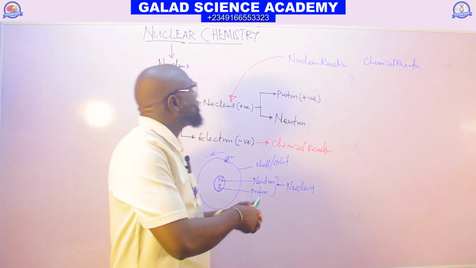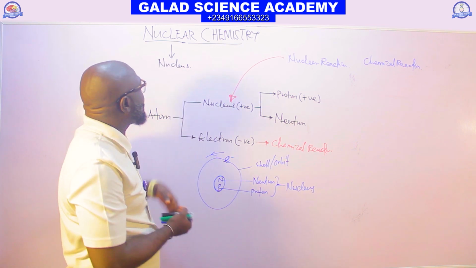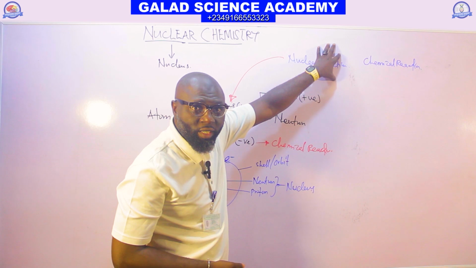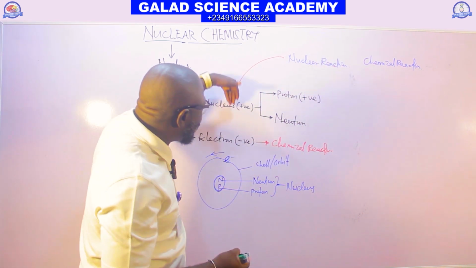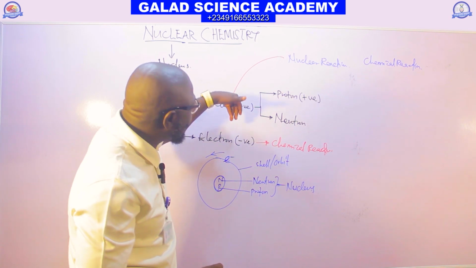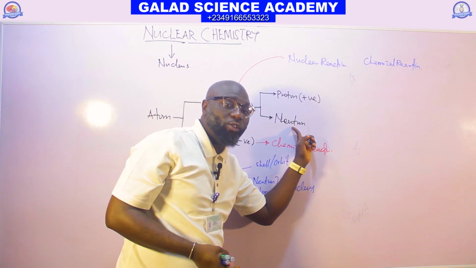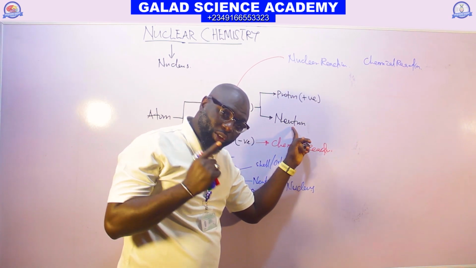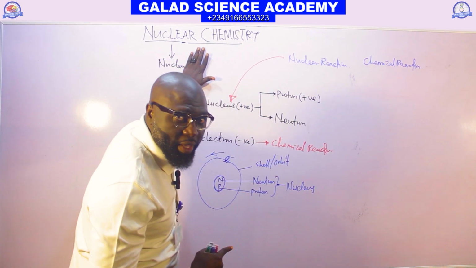In short, nuclear chemistry is a branch of chemistry that deals with the study of nuclear reaction, which is all the reactions that take place in the nucleus, involving the proton and neutron. That is the introduction to nuclear chemistry.